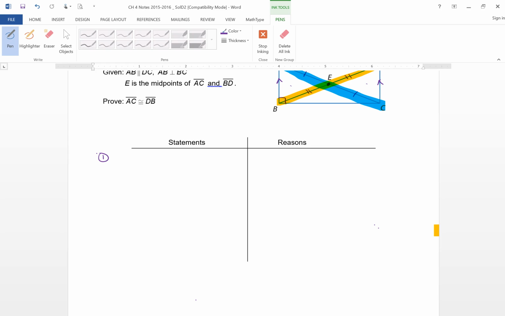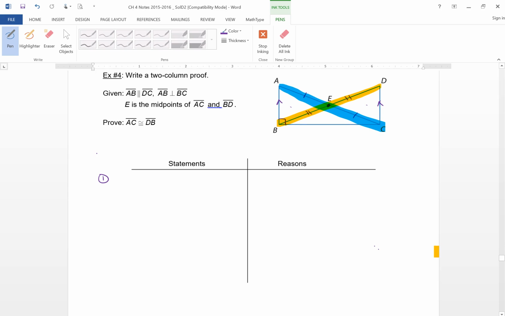Okay, so that's a long ways away. Okay, so here we have AB parallel to DC, AB perpendicular to BC, and E is the midpoint of AC and BD. This is AC. All right.